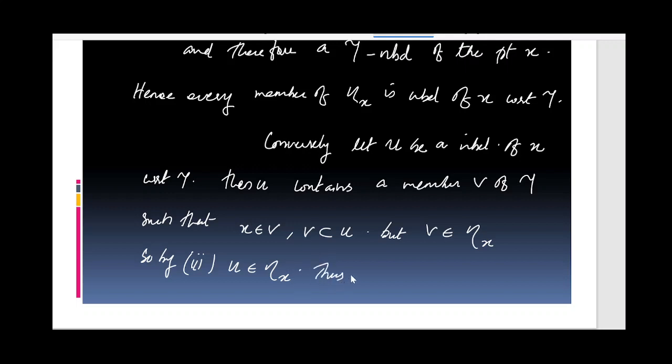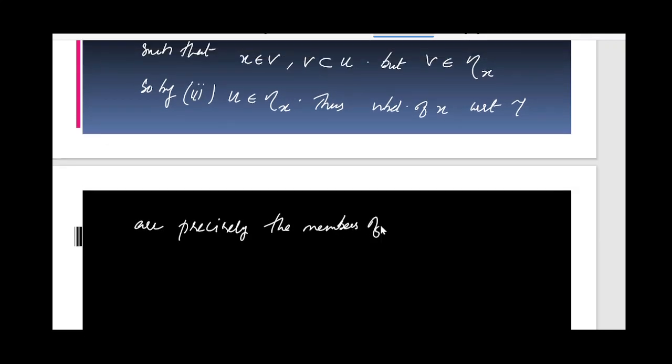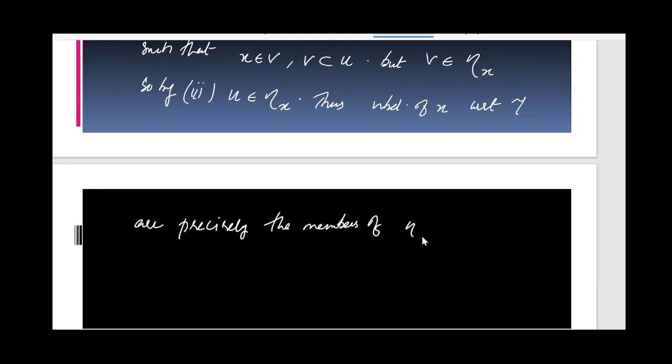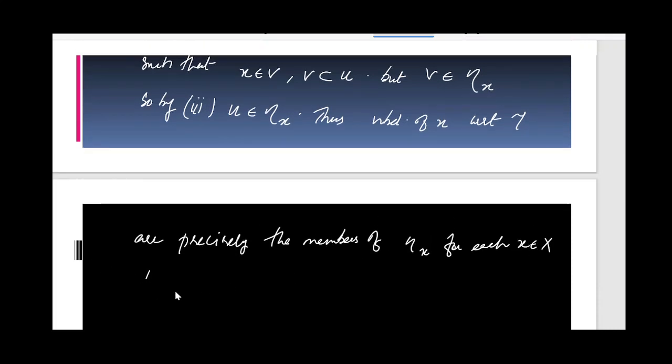Thus, neighborhoods of x with respect to our topology are precisely the members of Nx for each x belongs to X. Hence the theorem.